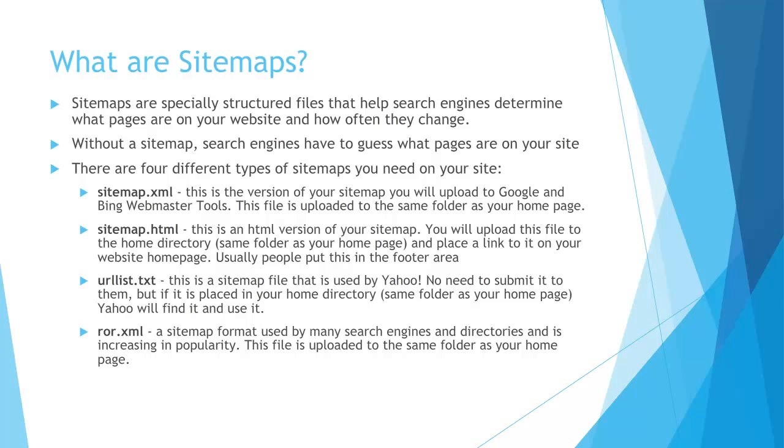And that file, again, just like url.txt, needs to be named ROR.xml in order for it to be any use. So those are the 4 different kinds of sitemaps that you're going to go ahead and create.